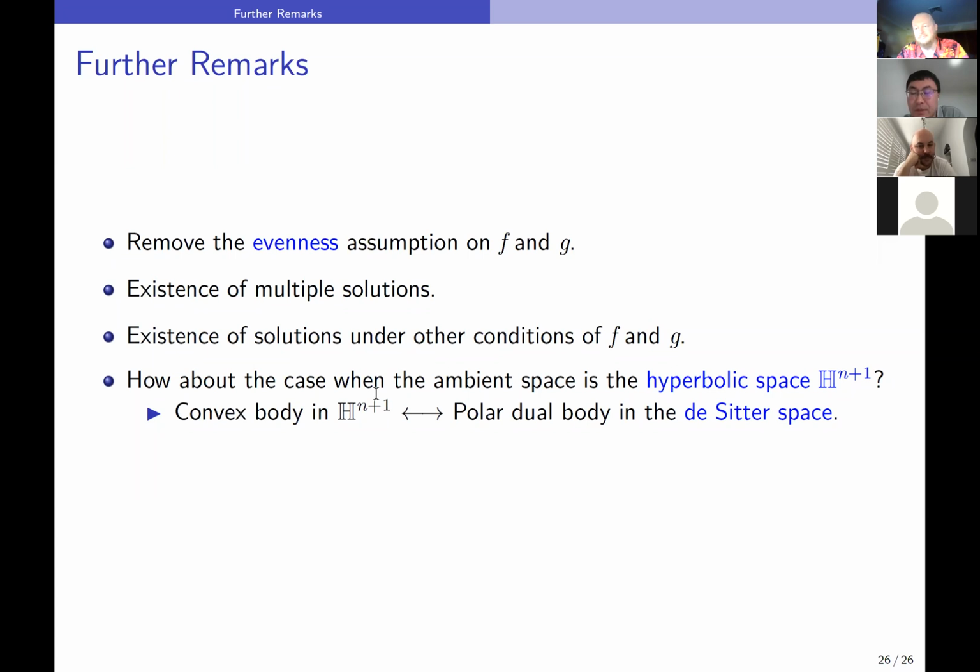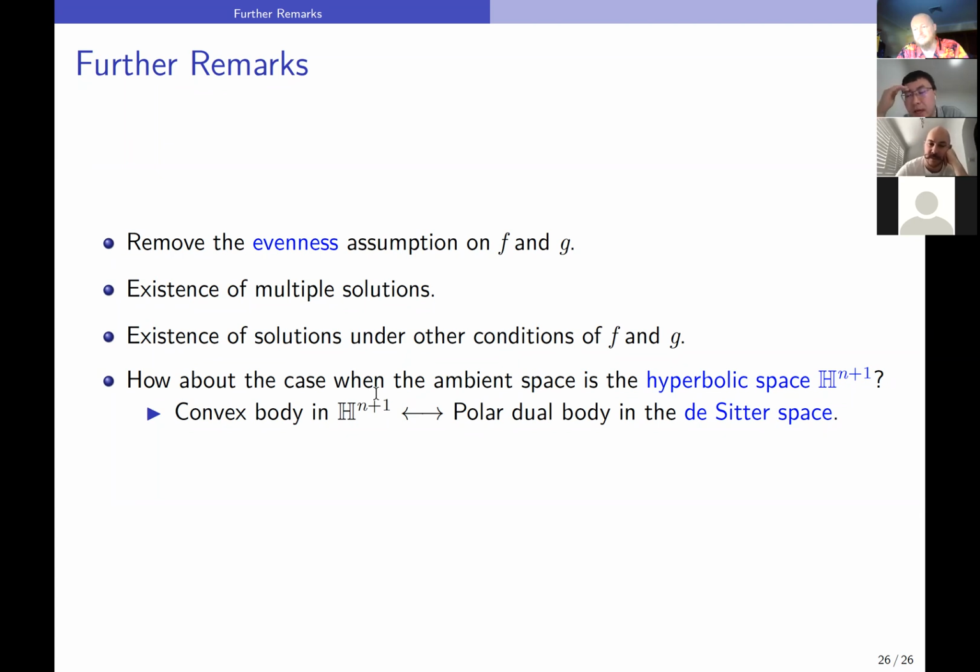So that's the duality. And also, I think in the hyperbolic space, the convexity assumption is maybe too weak. So maybe you can consider a few different notions, for example horoconvexity, and then study the functional.